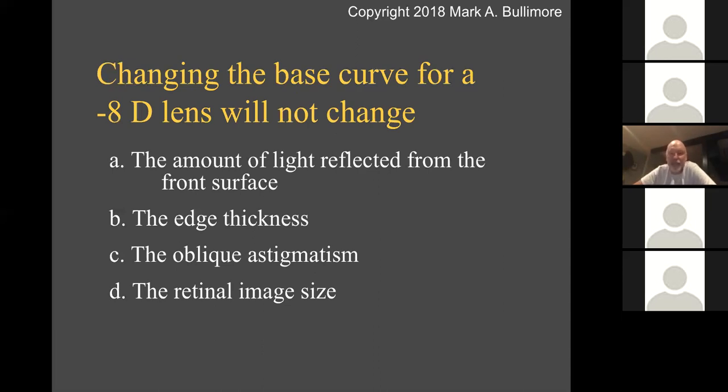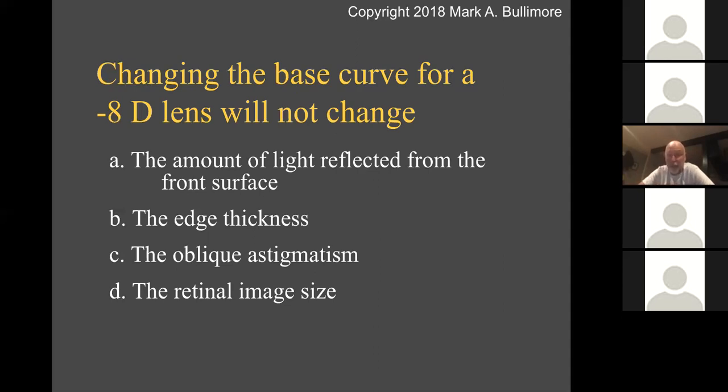Okay, there are three things that change when we change the base curve. The edge thickness changes, the oblique astigmatism changes, and the retinal image changes. So the correct answer here is A, the amount of light, which of course will be determined primarily by Fresnel's law.